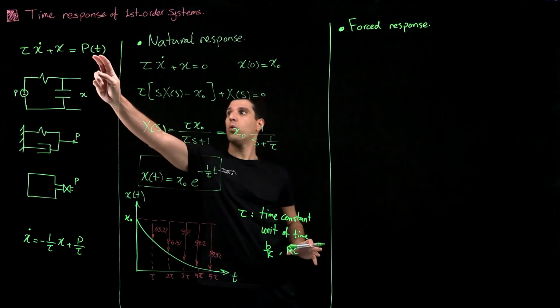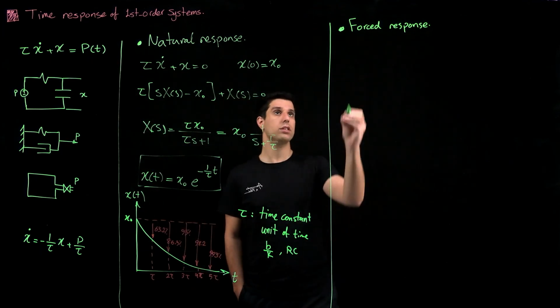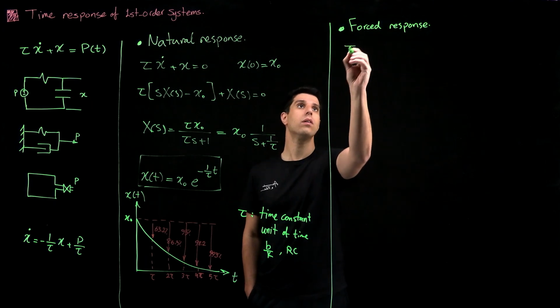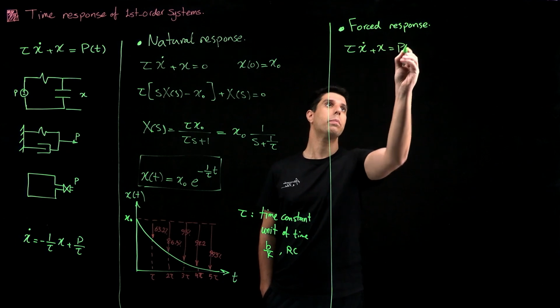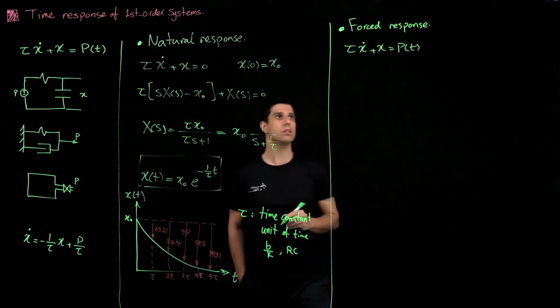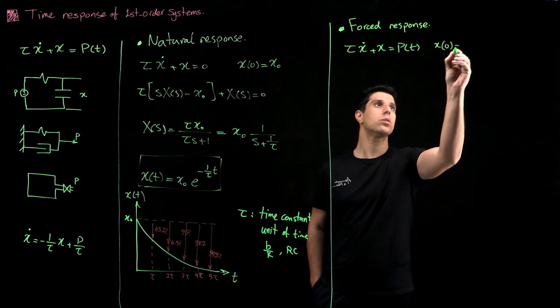Instead, we have some forcing term. So I will have tau x dot plus x equals some input p of t, with the initial condition of x of 0 equals 0.